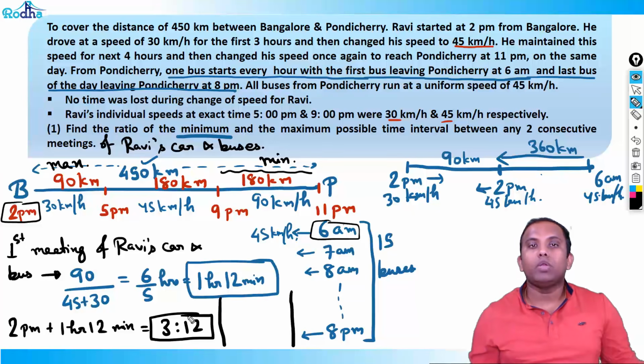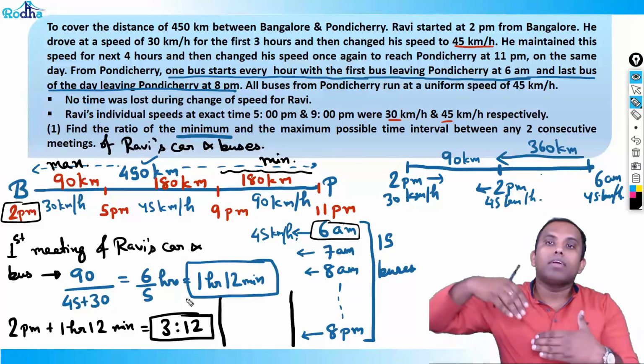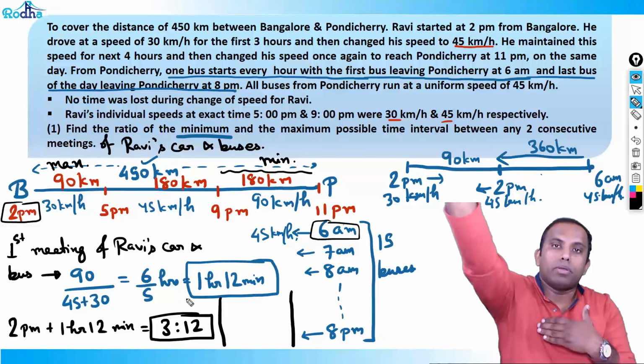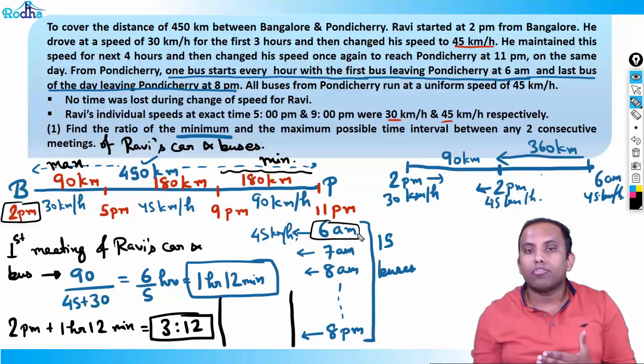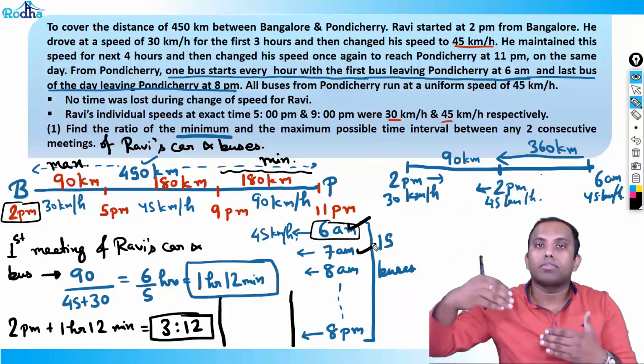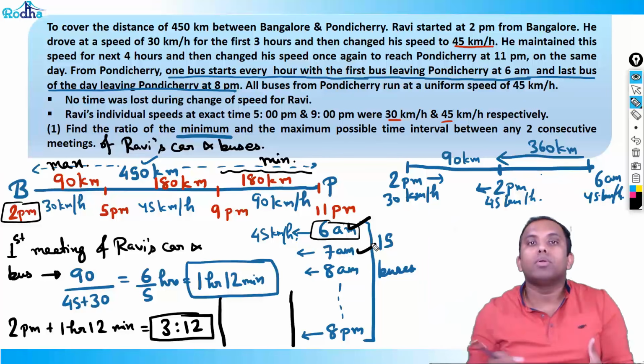When I meet the first bus at 3:12, where is the second bus? The second bus is again at a distance of 45 kilometer from me, because the first bus has just crossed and the second bus left 1 hour after the first bus. They are coming at me at a speed of 45 kilometer per hour.